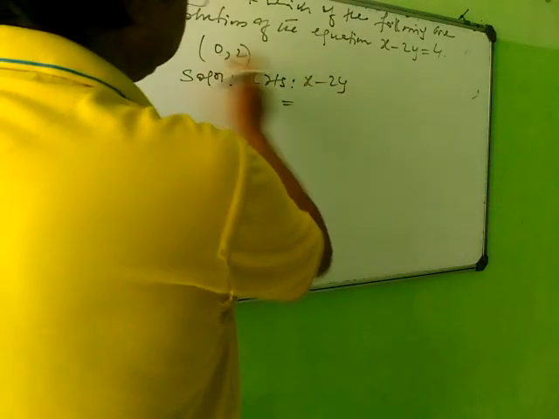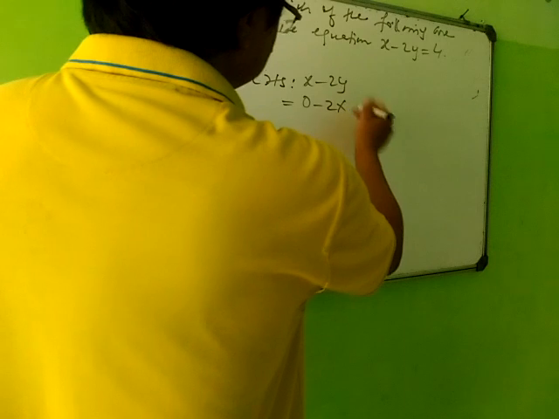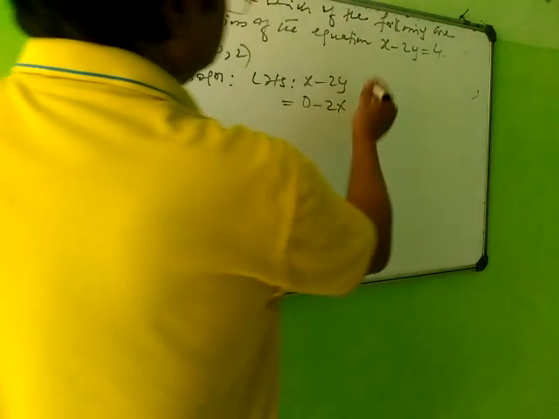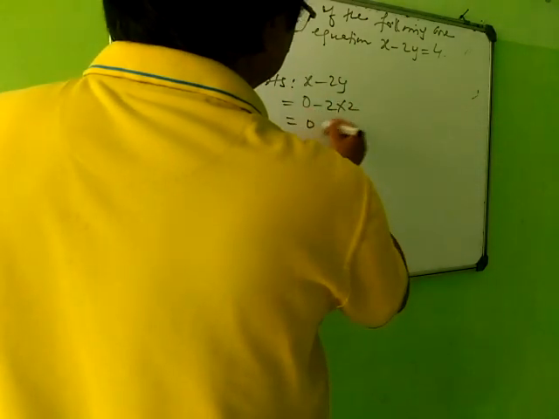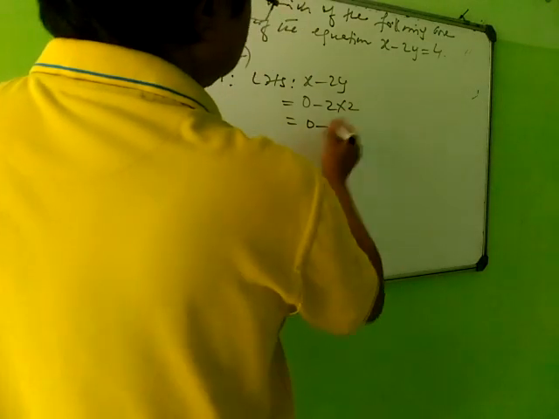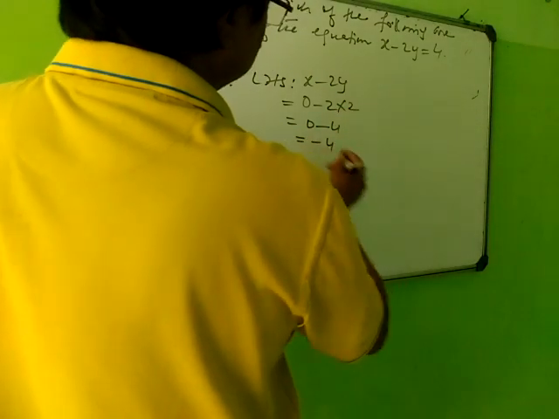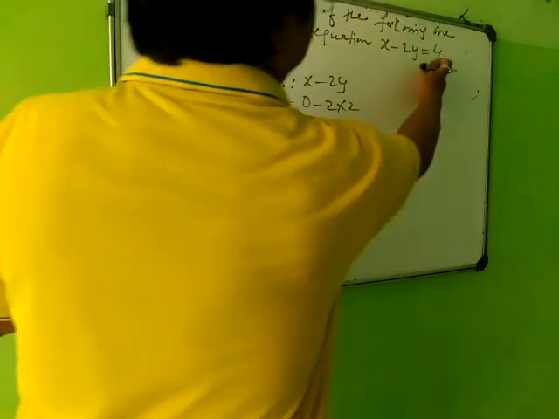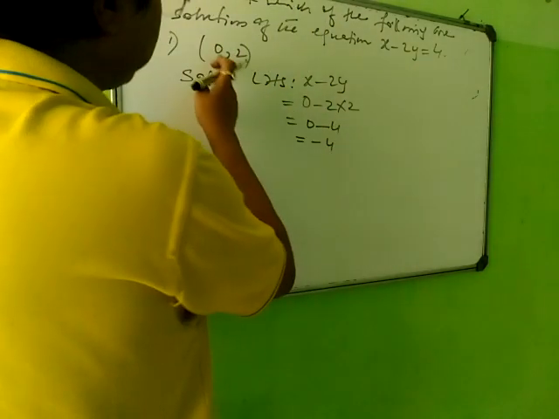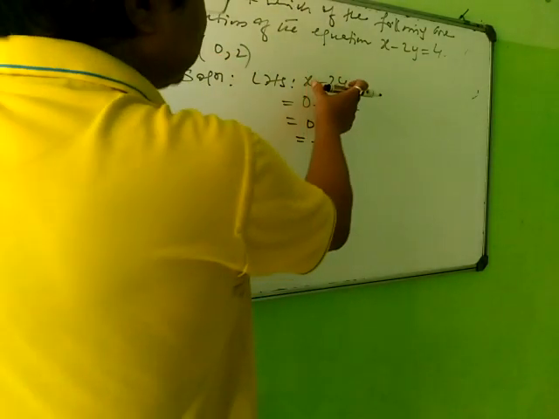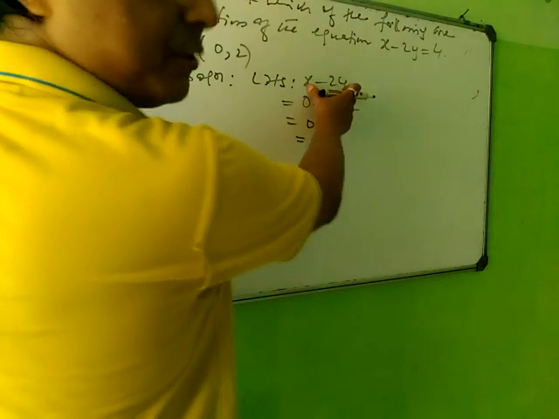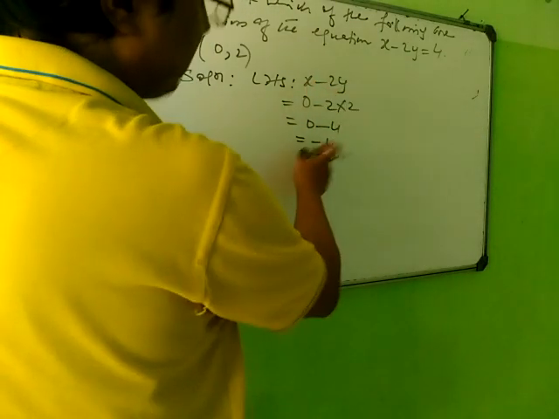So x is 0, 2 into y, y is 2. You will get 0 minus 4, 2 into 2 is 4. So you will get minus 4. The right hand side is 4, but on putting x and y, the left hand side of the equation gives minus 4.